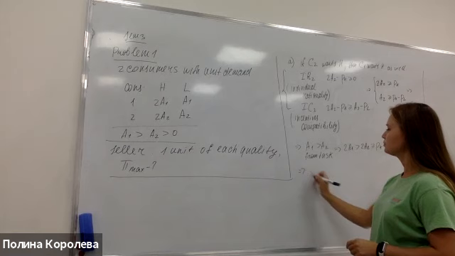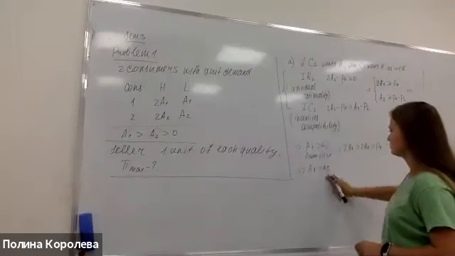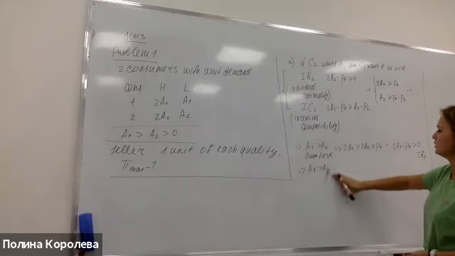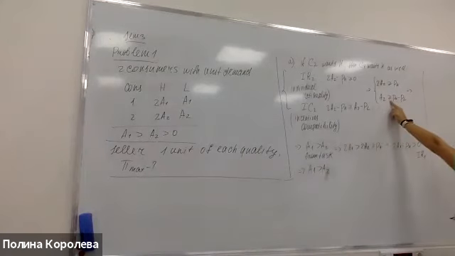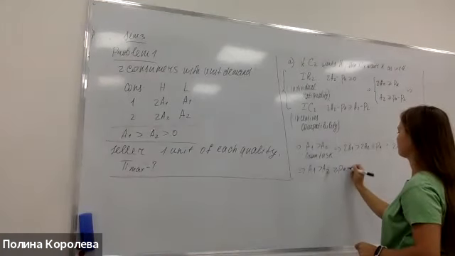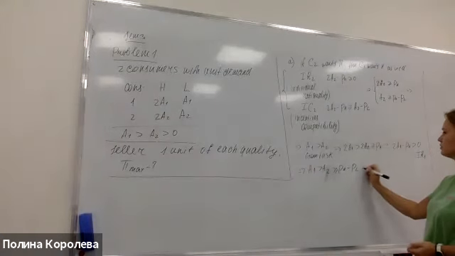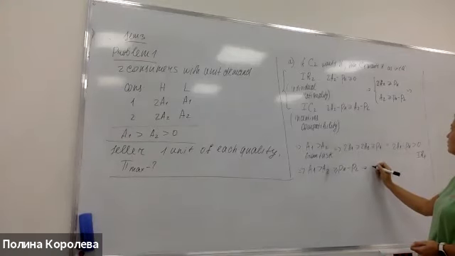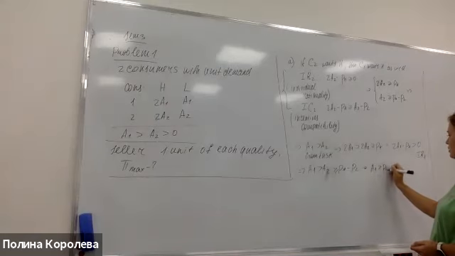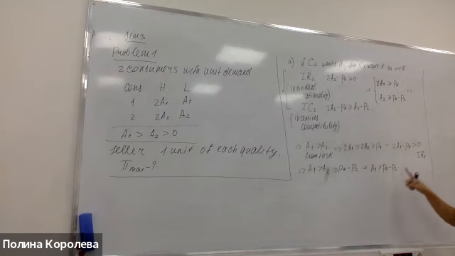What we also know, one more time, is A1 greater than A2, and A2 greater or equal to PH minus P low. From that information, we can write that A1 is greater than PH minus P low. And this is incentive compatibility for the first consumer.